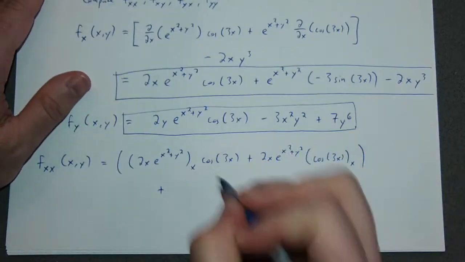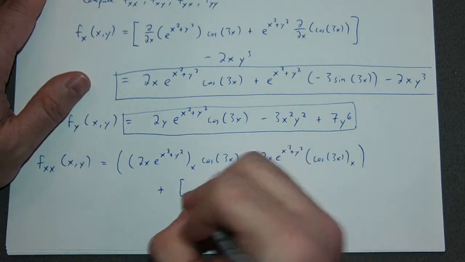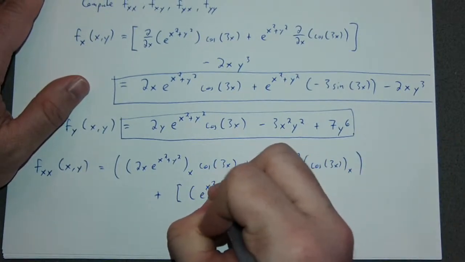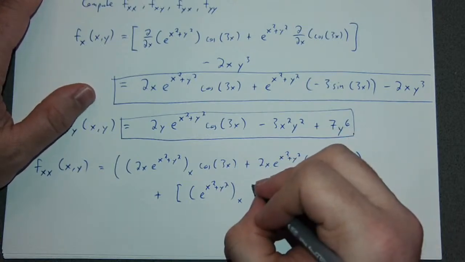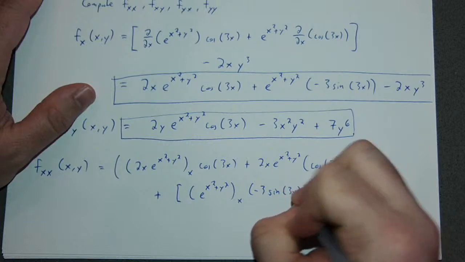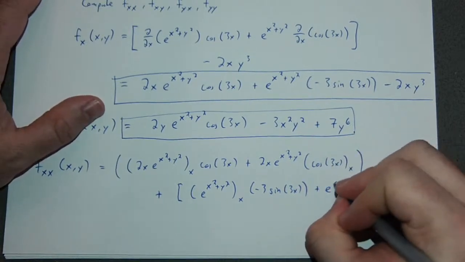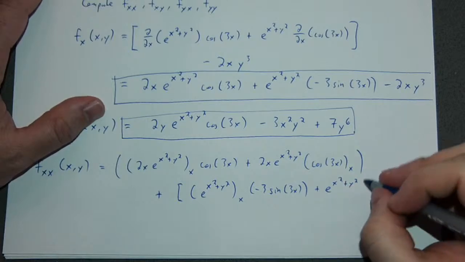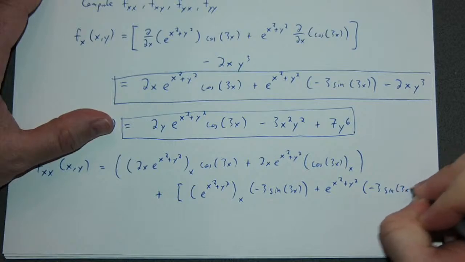And then the second term, again using the product rule, is the x partial of e to the x squared plus y squared times minus 3 sine of 3x, plus e to the x squared plus y squared times the x partial of minus 3 sine of 3x.